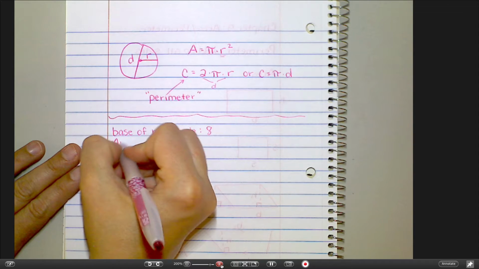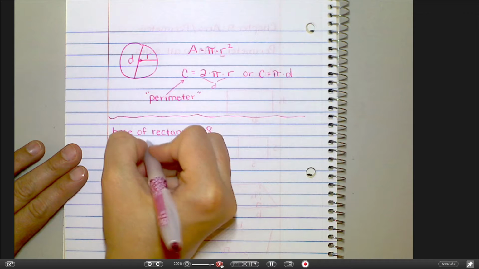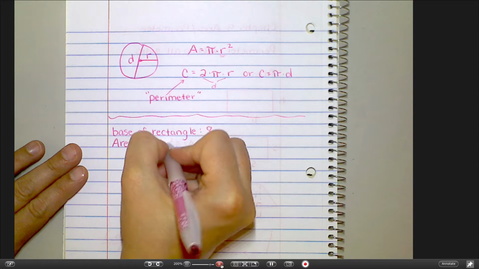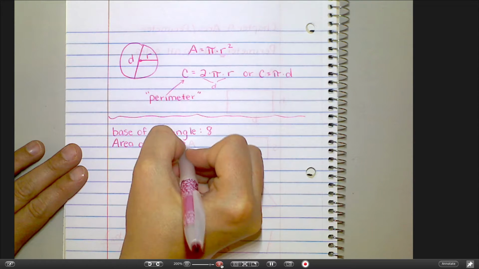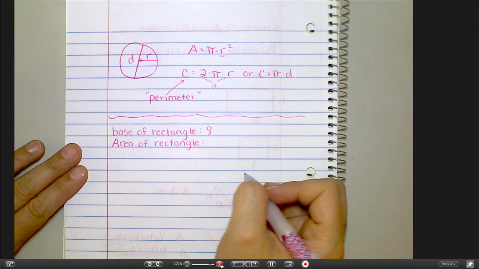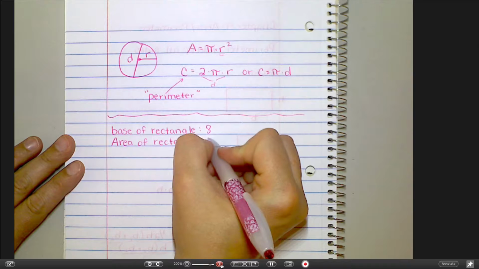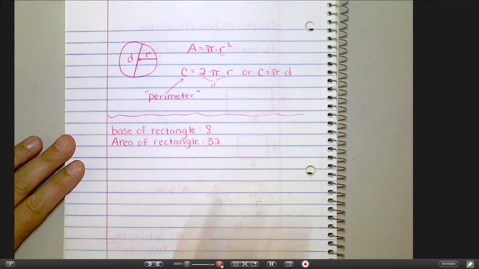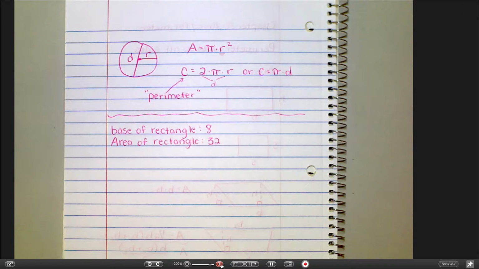And the area of that same rectangle, oh, that's the same numbers from the review packet. Let's go 32. Okay, area of the rectangle is 32. Hold on. Here's how I would set this up.